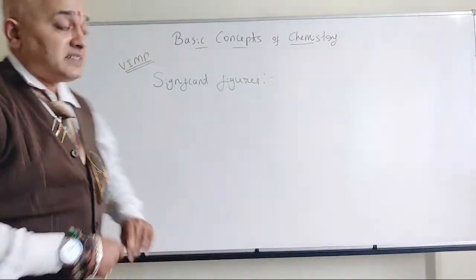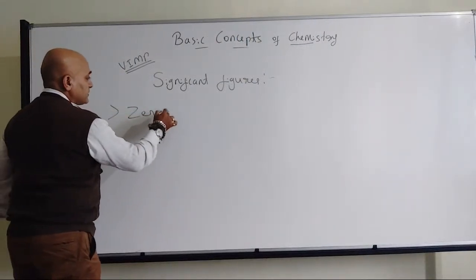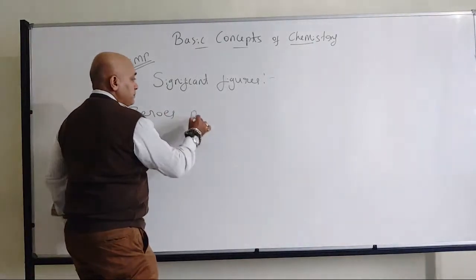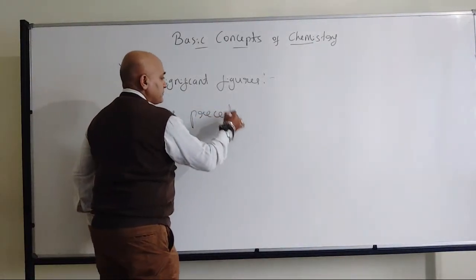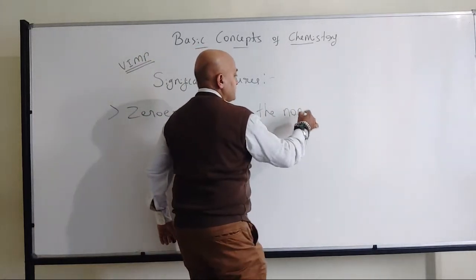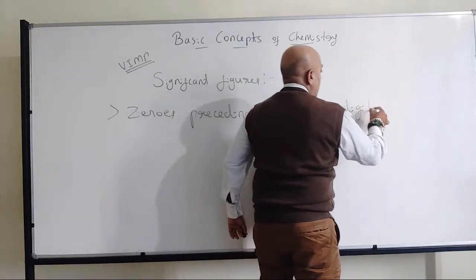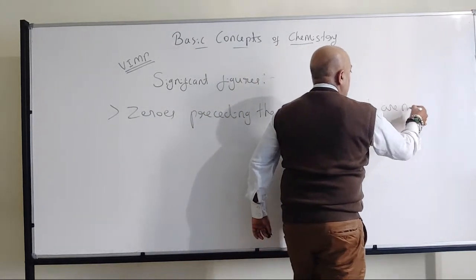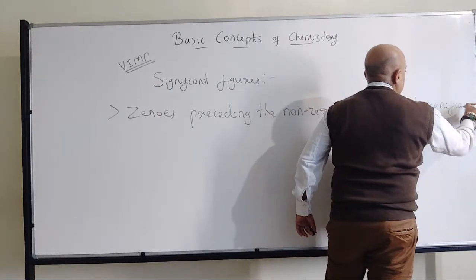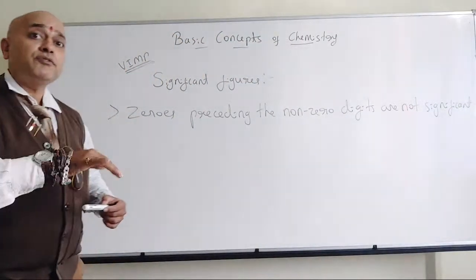The next rule tells that zeros preceding the non-zero digits are not significant. What do you mean by preceding? Coming before.